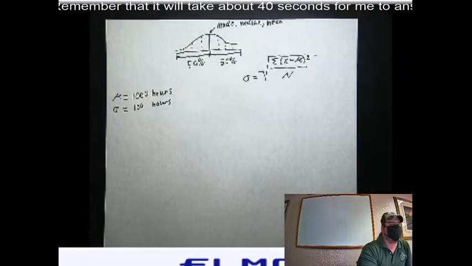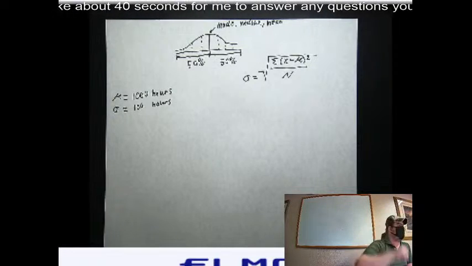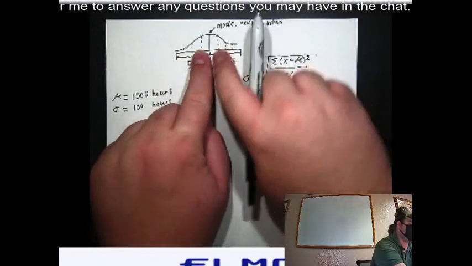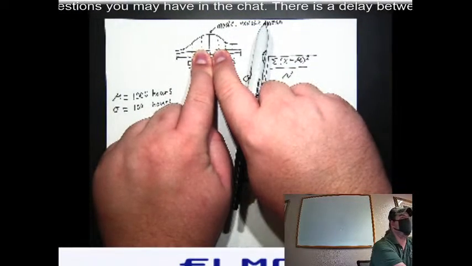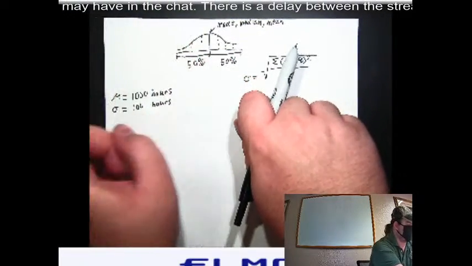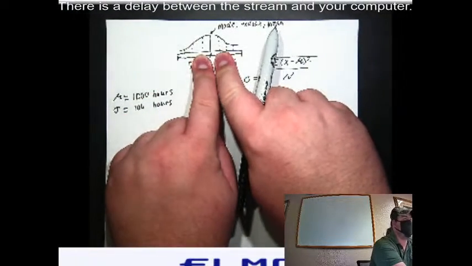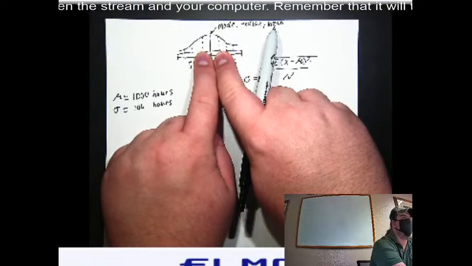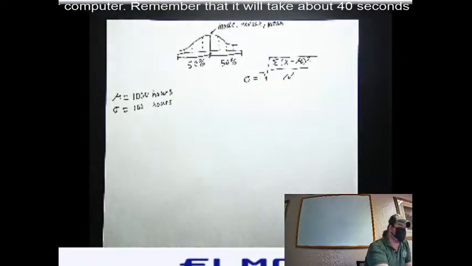So if we think back many chapters ago, we can then say that within one standard deviation of our mean is most of our data. So we can say that, let's see, that would be between 900 and 1,100. So most light bulbs are going to be somewhere between 900 hours and 1,100 hours.